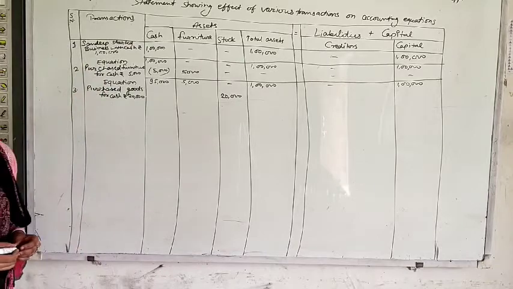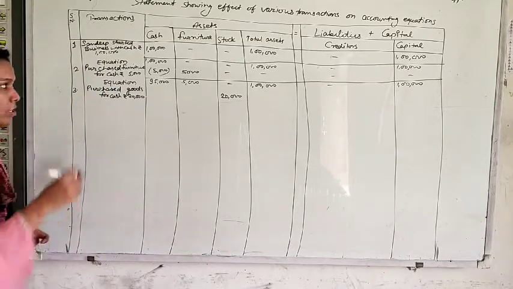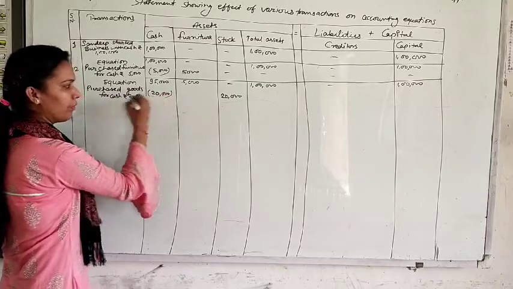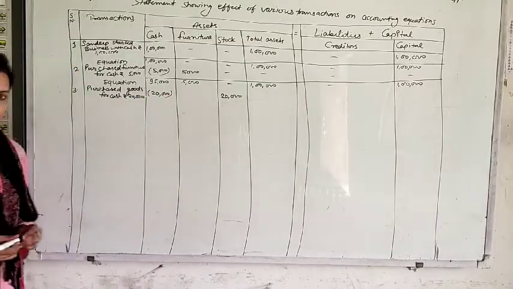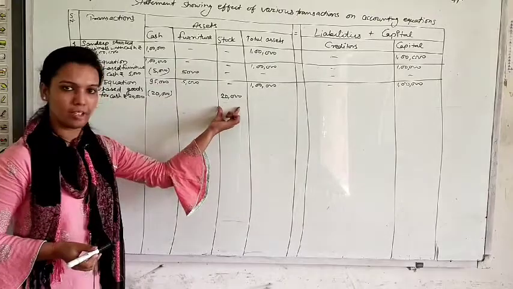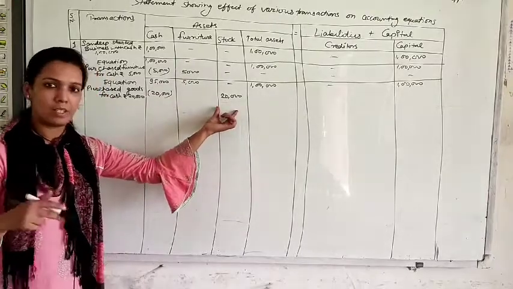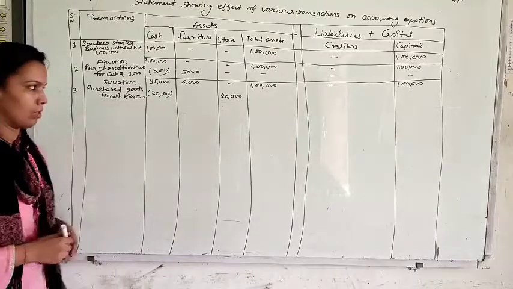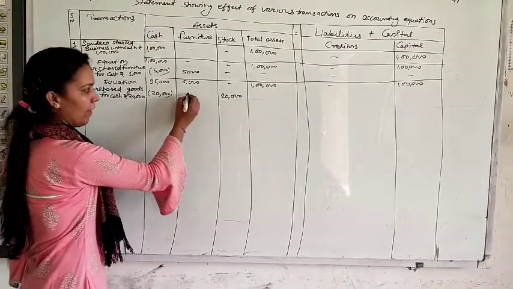And you are purchasing stock in cash. It means your cash decreased by 20,000. There is no effect on furniture.